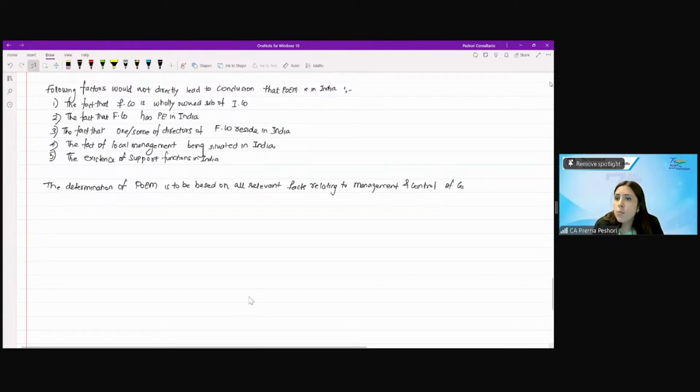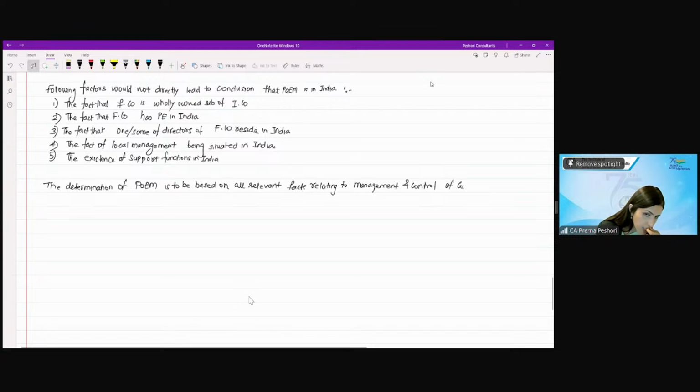So these factors will not automatically lead to the conclusion that the POEM is in India. Are we clear? Yes or no? Is this clear, all of you?